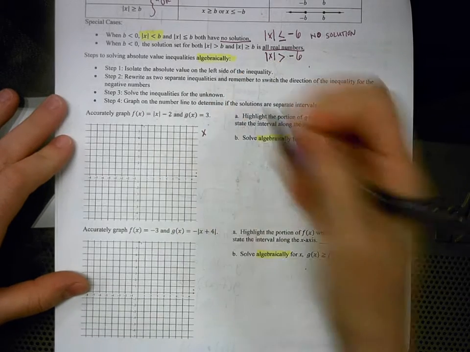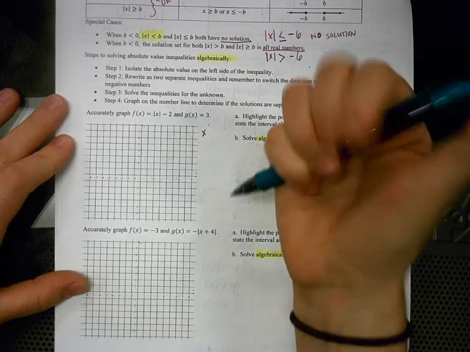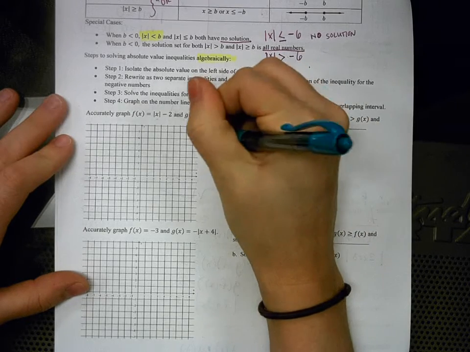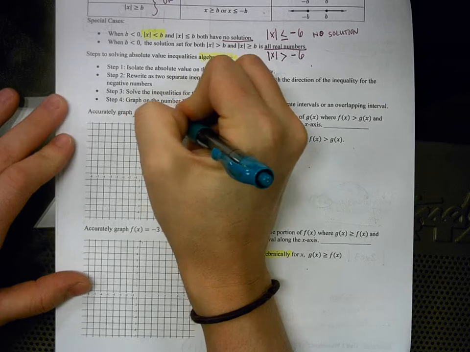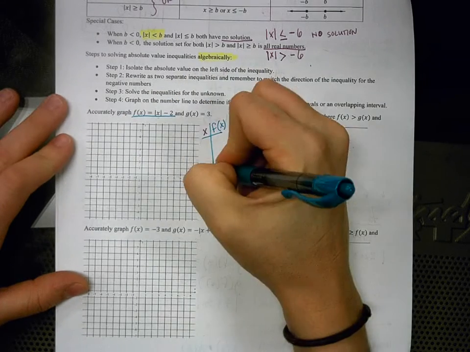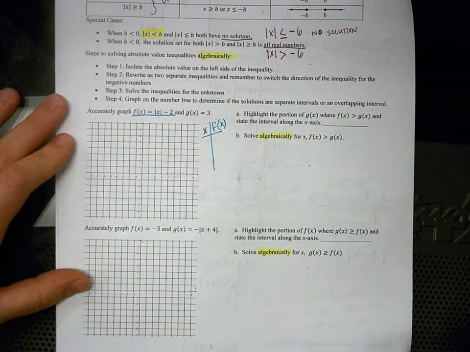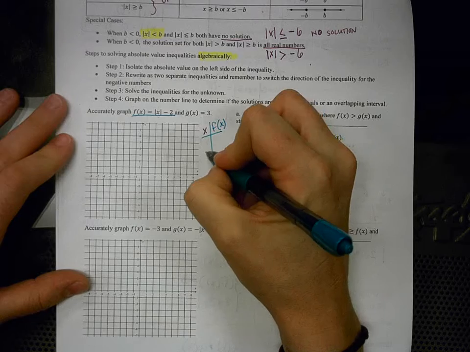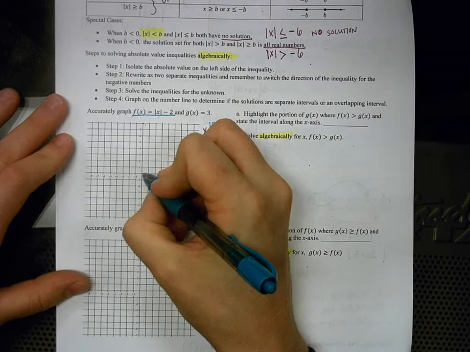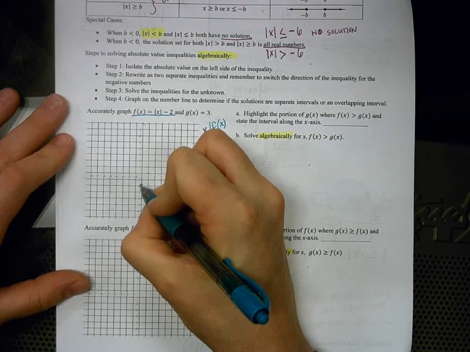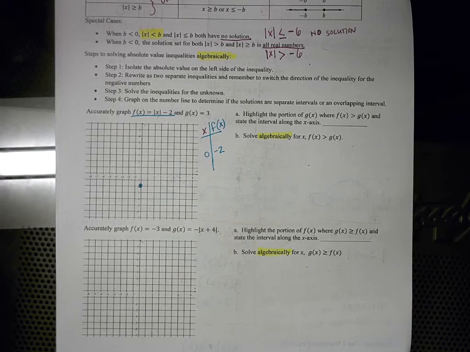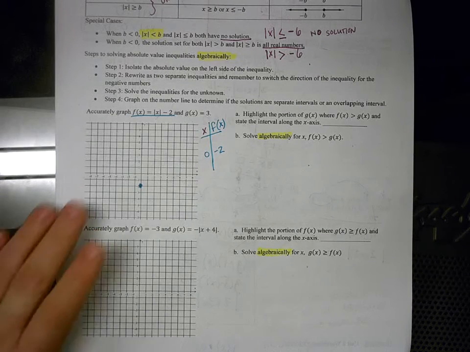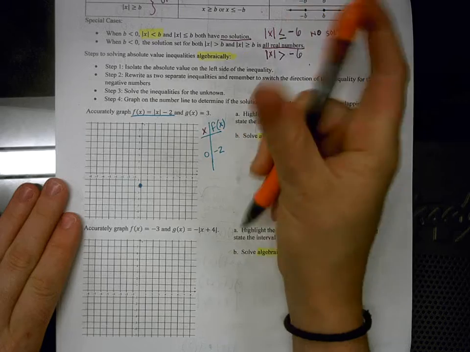We have x and f of x. What's my vertex here? Good, 0, -2. Would you like to plug in points or would you like to use the slope? Slope, okay. How do we know that we can use slope?